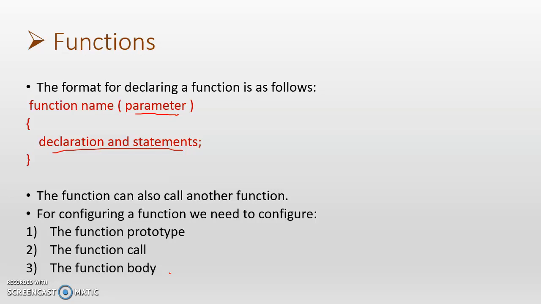A function call consists of variables and the statements needed inside a program that is executing the function, and then the function body, which is the main program that will be included in the function body.